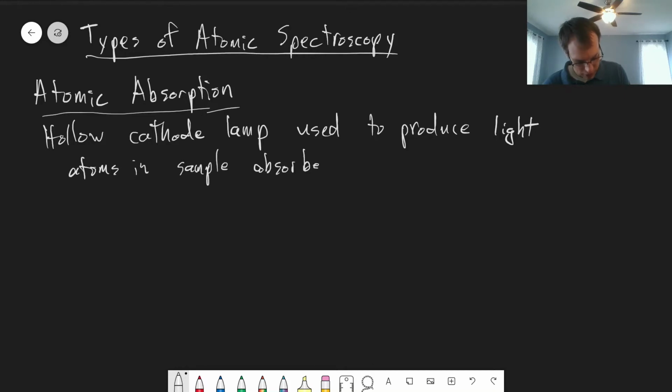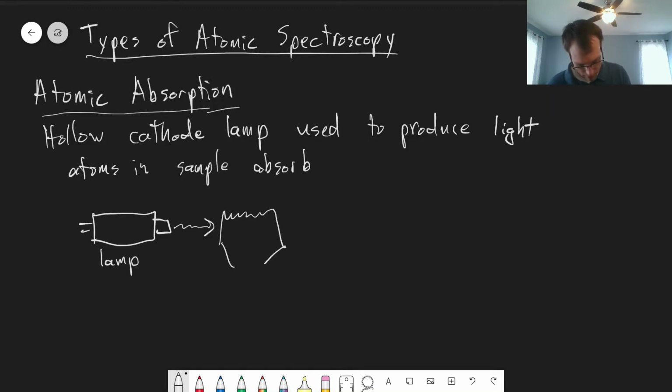So if we sketch out what a typical atomic absorption experiment looks like, we have our lamp here. It produces light, which goes through our flame, and this is where our atoms of interest are.